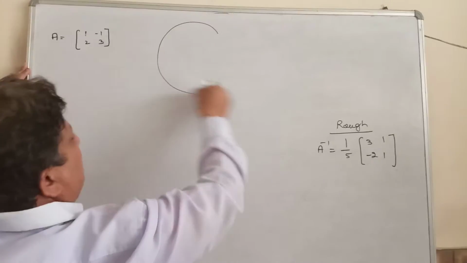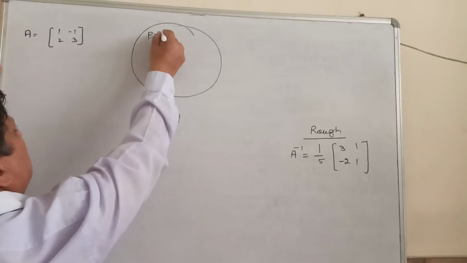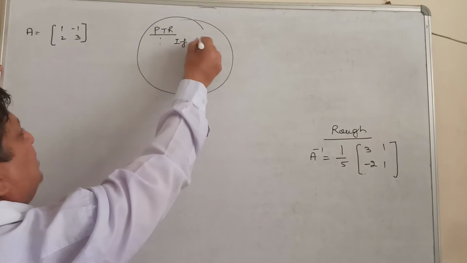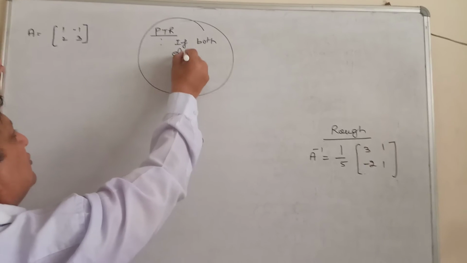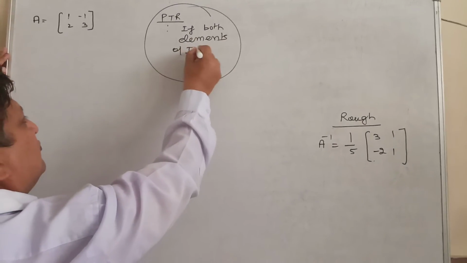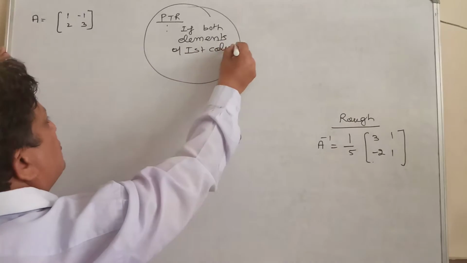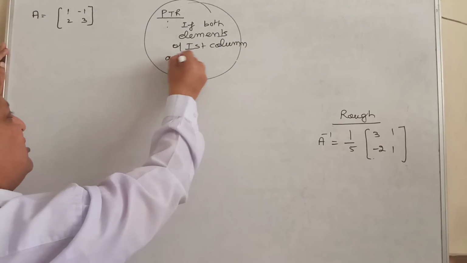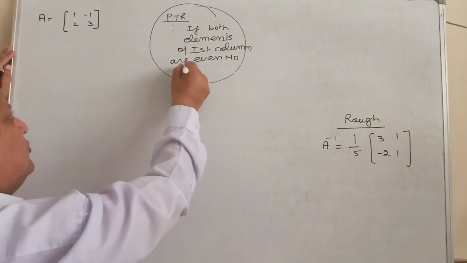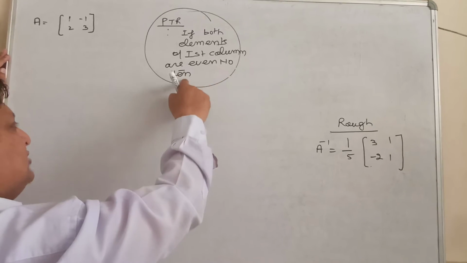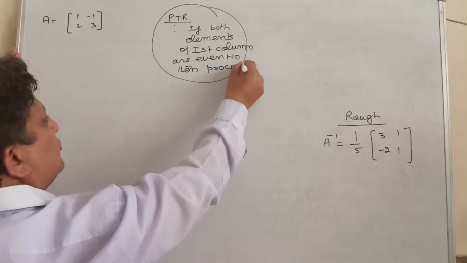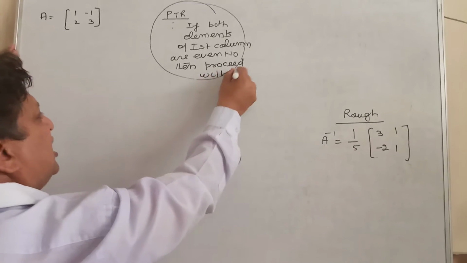This is the PTR, point to remember: if both elements of the first column are even numbers, then proceed with column transformation.